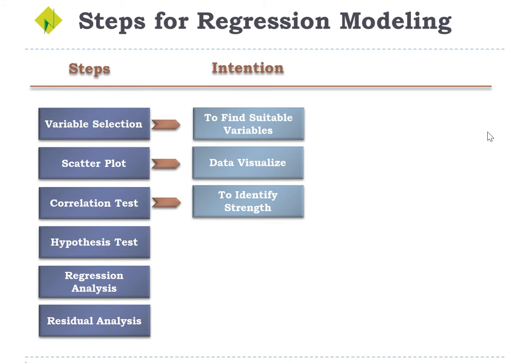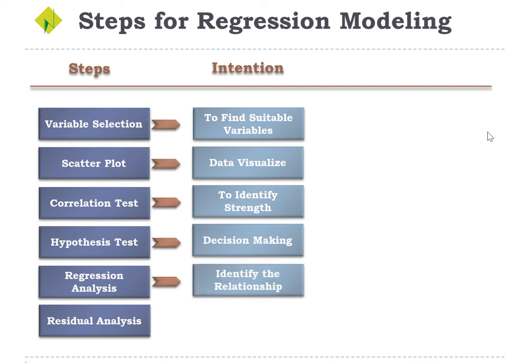Generally the correlation range is -1 to +1. -1 means perfectly negative correlation and +1 means perfectly positive correlation. Next is hypothesis test. Hypothesis test is used for goodness of fit and decision making. The next one is regression analysis, which is used to identify the relationship between two variables. And the last one is residual analysis, that is model validation.